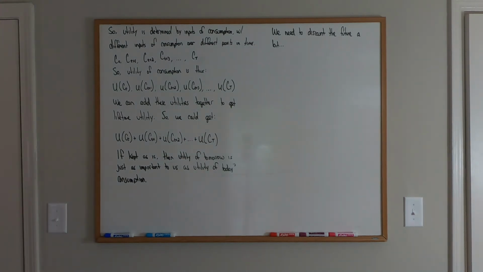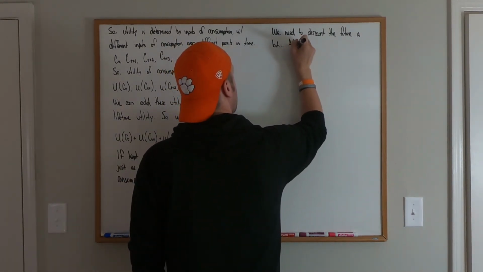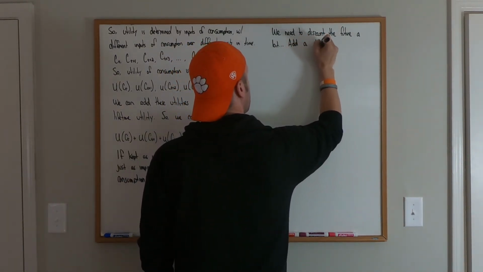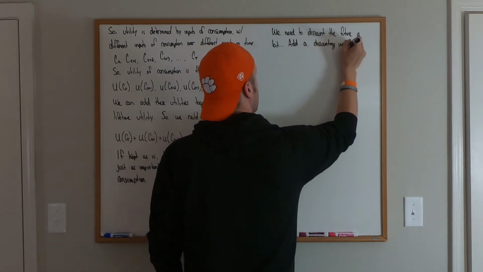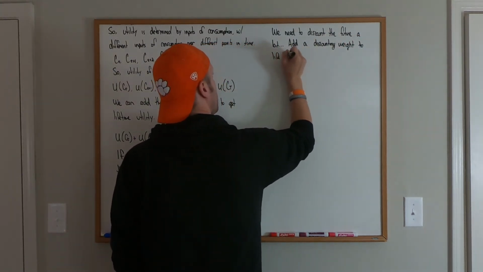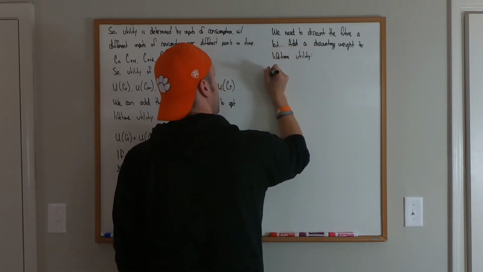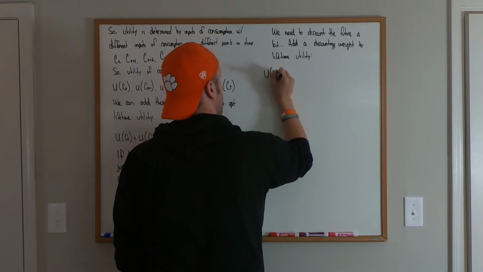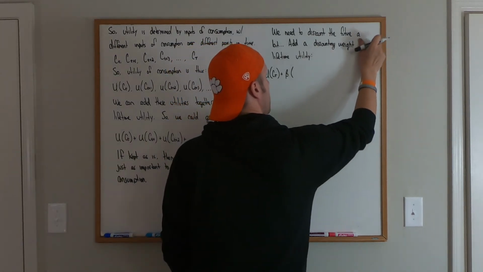How do we do that? Well, we discount the future. We do so by adding a discounting weight to lifetime utility. We'll call this discounting weight beta.